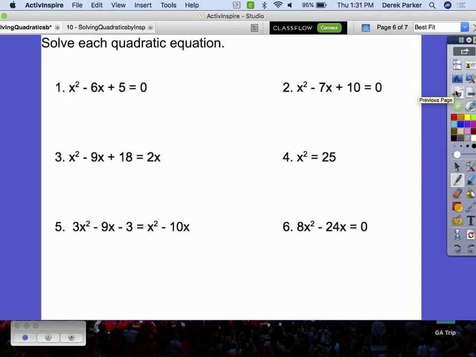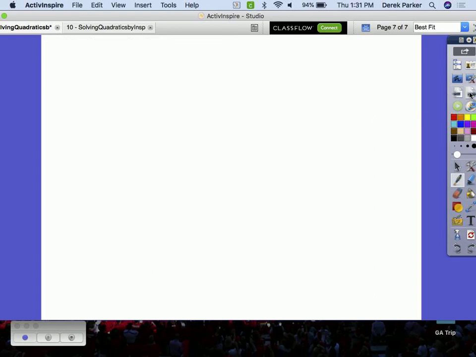Now let's look at, I'm not going to do number 2, I'm going to skip over to number 3. x squared minus 9x plus 18 equals 2x. Now the first thing you should notice is it is not set to 0.